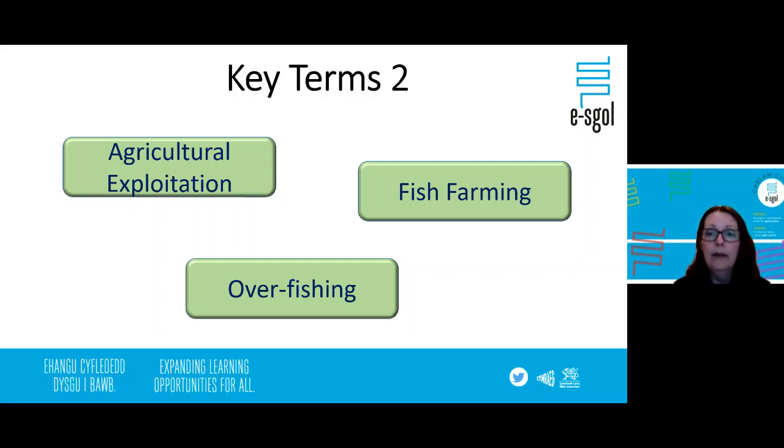With fish farming, we are breeding in enclosures so that we have fish available to support our population's needs. Overfishing is when there is too much fishing taking place and that overtakes the natural replenishment that we have in a particular natural environment.